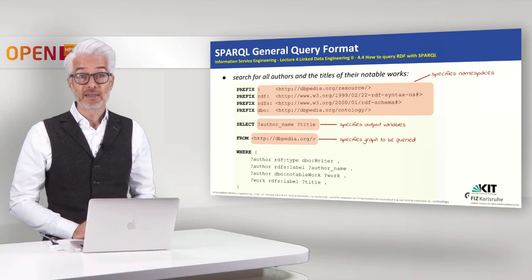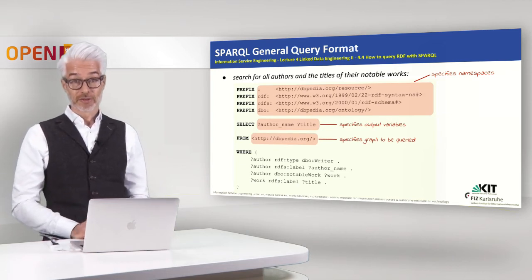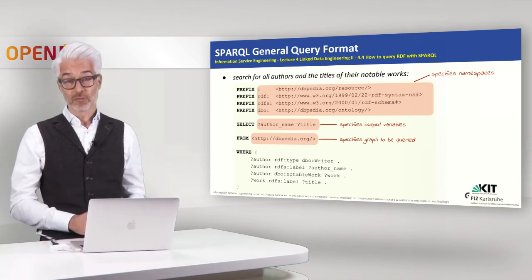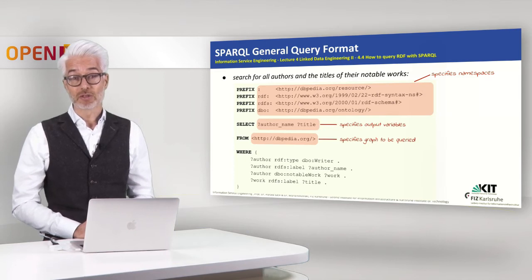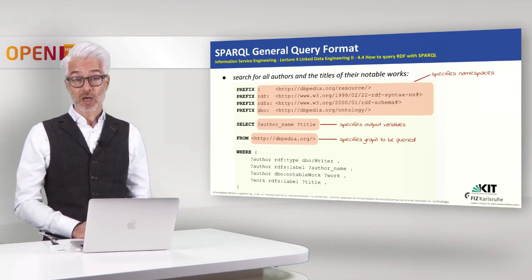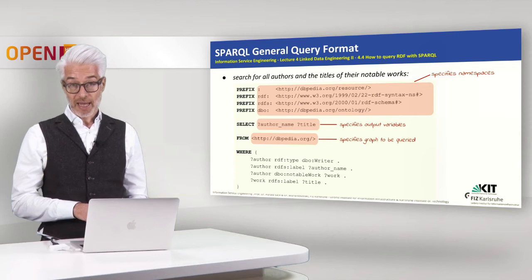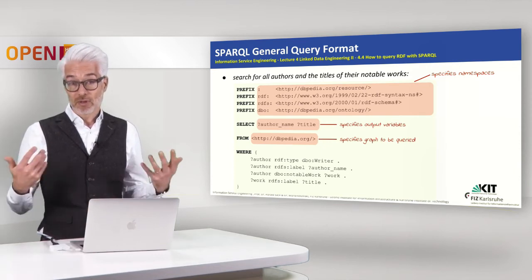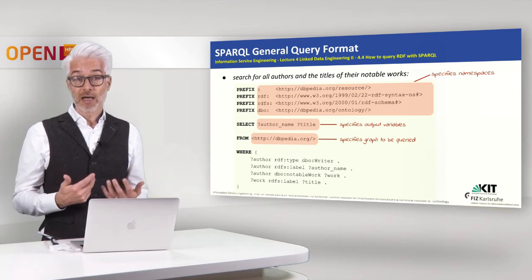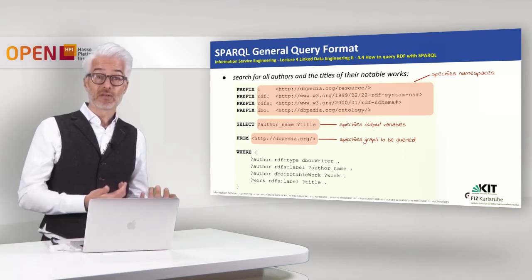The next keyword we see here is the from clause, which is part of the select statement. From usually defines from which RDF graph I want to query. It should be a graph that is available on the SPARQL endpoint you are dealing with, and there can be several graphs. These graphs usually are identified via their namespace.